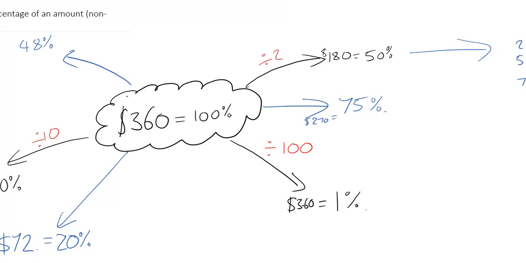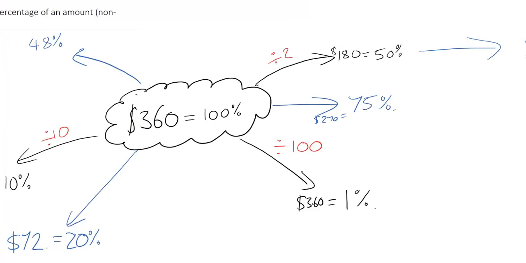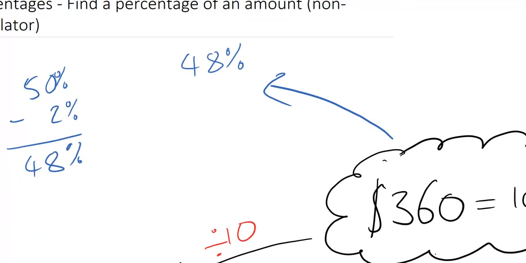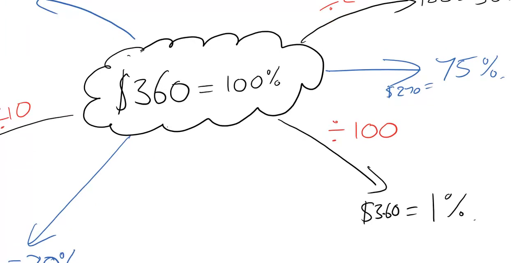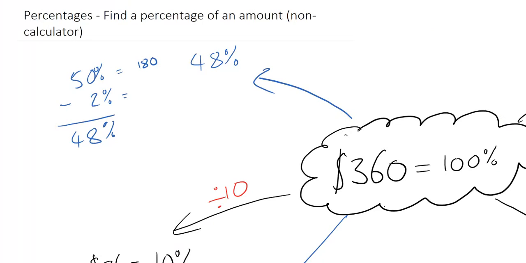So going back to some previous work, we can see that 50% is 180. Let's write that down. 2%, well, we could use our 1% and double it. 2% is going to be $7.20. So if I take that away from my 180, I'm going to have my 48%. 48% is going to be 172.80.